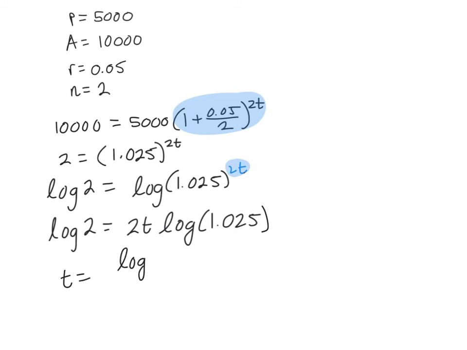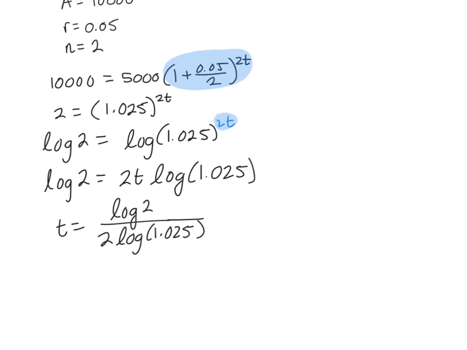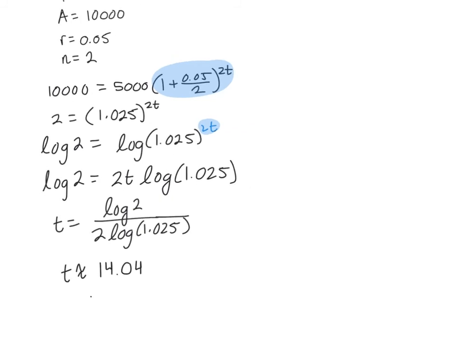So we end up with log of 2 divided by 2 log of 1.025. If we plug this into our calculator, we get approximately 14.04. So our final answer would be 14.04 years.